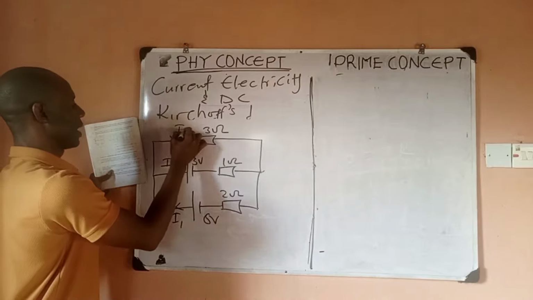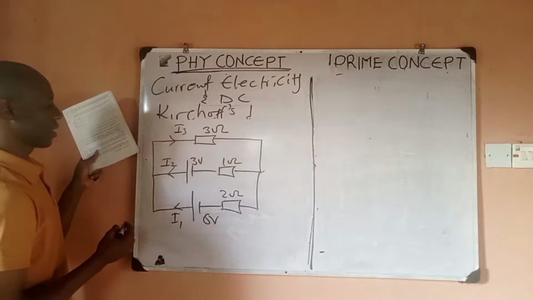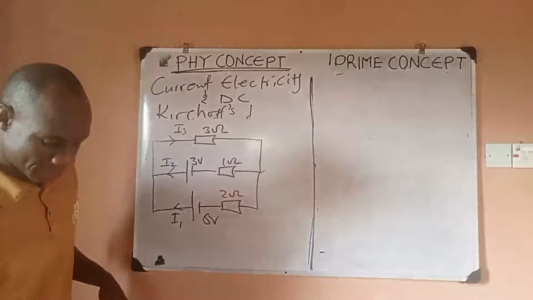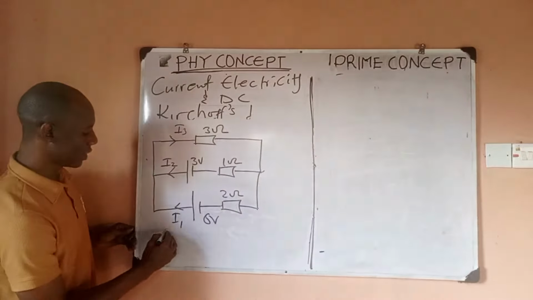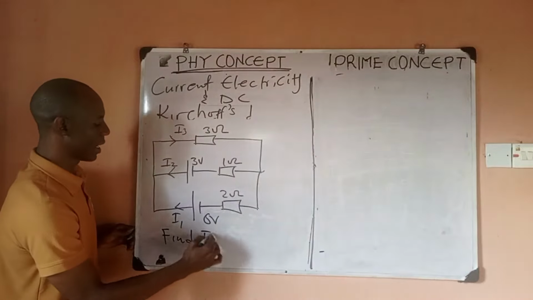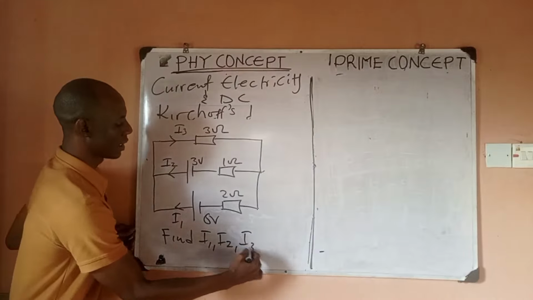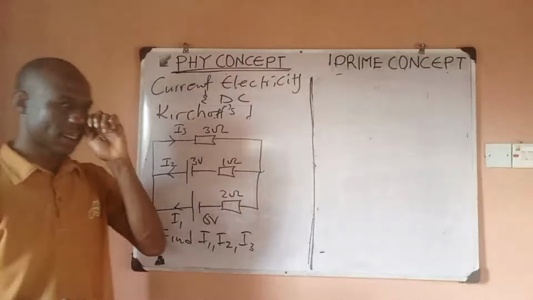I have my currents here: this is I2, this is I1, this is I3. I should have made my diagrams. The question says find I1, I2, and I3. So that is what we want to find.